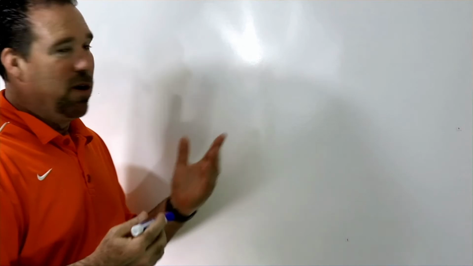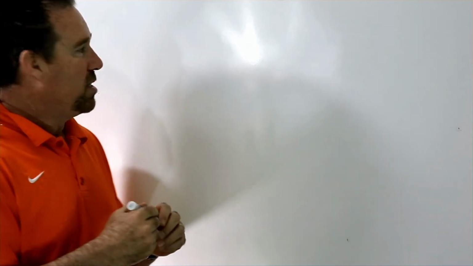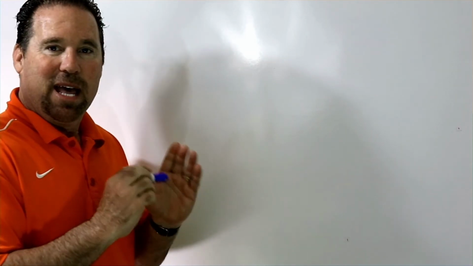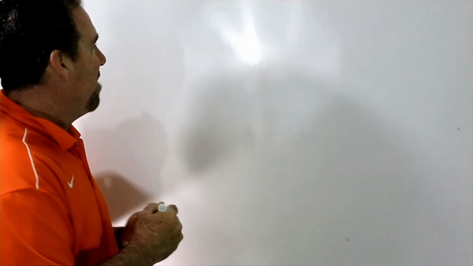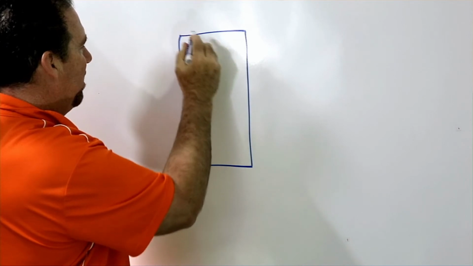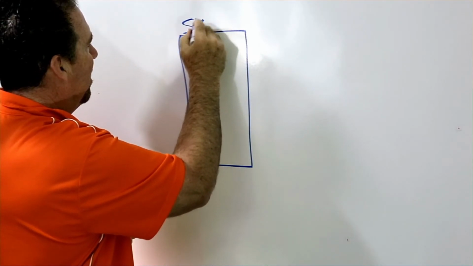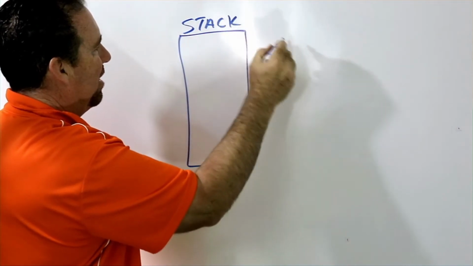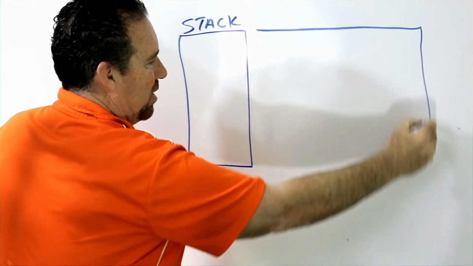Okay, so here we are over on the whiteboard, and let's draw this up so you can see exactly how this looks on the stack and heap memory. All right, so remember our stack and heap memory lecture. Okay, here's the stack, and here is the heap.